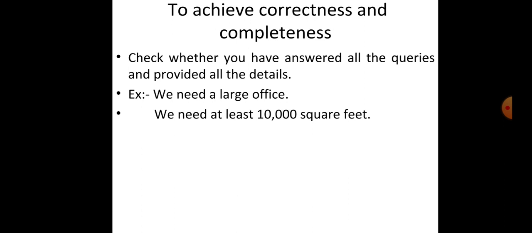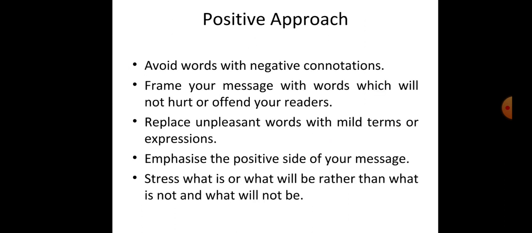And when you try to solve their problems, automatically your letter will be complete. This way we can go for the target of achieving correctness and completeness, and that is possible in the case of these two things.